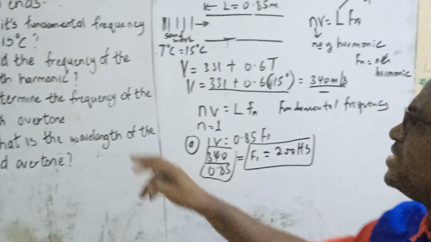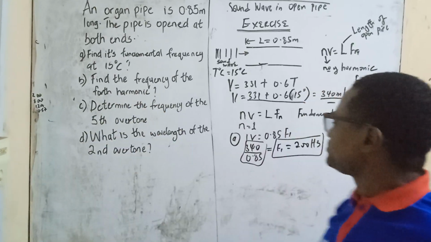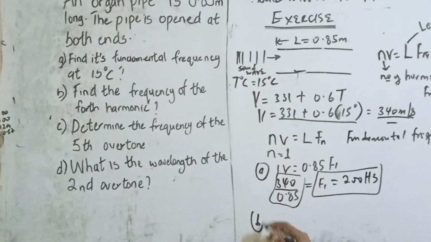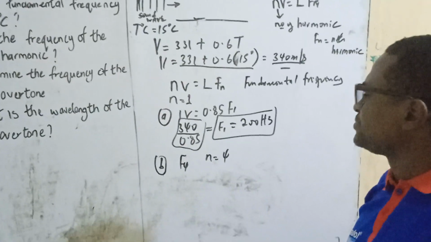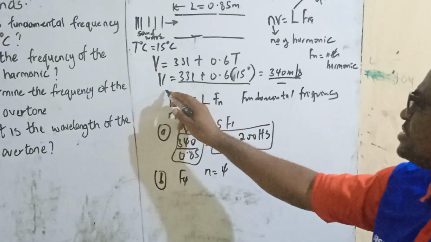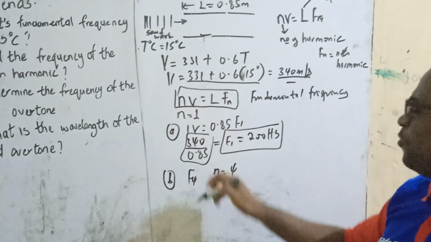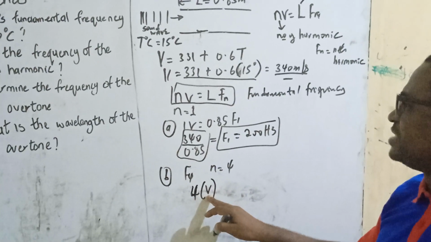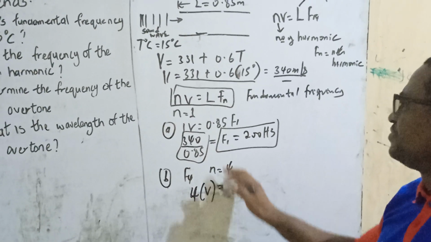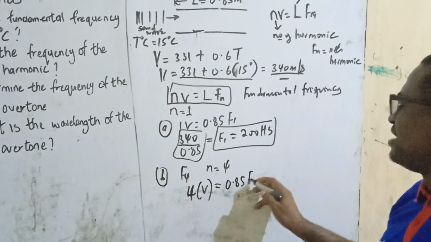Then the second one says we should find the frequency of the fourth harmonic. Fourth harmonic frequency is given as F4. That means our n is 4. So we go back to this equation that we have here. We put 4 times the speed of sound, or the velocity of sound wave, and it is equal to 2 times the length of the pipe, 0.85, times F4.